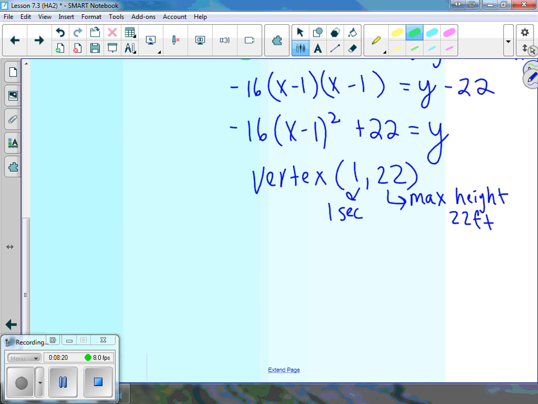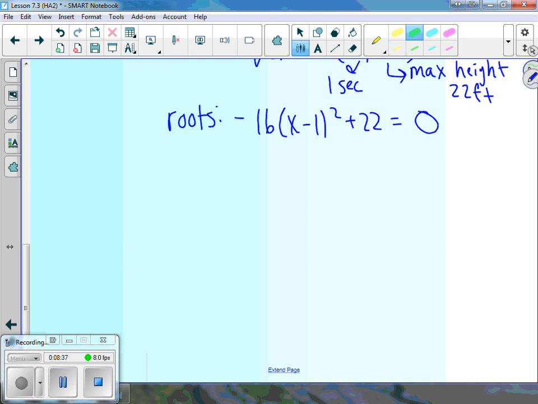Now we can find our roots. I'm going to take negative 16 times x minus 1 squared plus 22 and set it equal to 0 to calculate roots. Solve by subtracting 22 from both sides. Divide by negative 16.